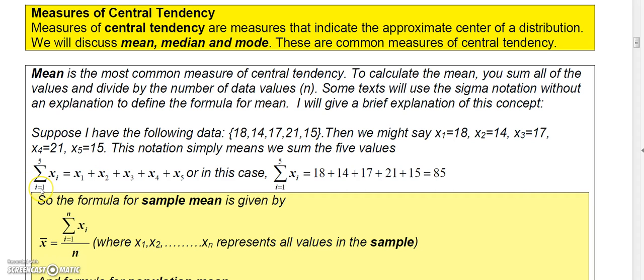So when you see this notation that says we're going to sum x sub i from 1 to 5, that just means we're going to add x1 to x2 to x3 to x4 to x5, because we're adding the x's from x1 to x5. So in our example, we would simply be adding up those 5 values, and we would get 85.